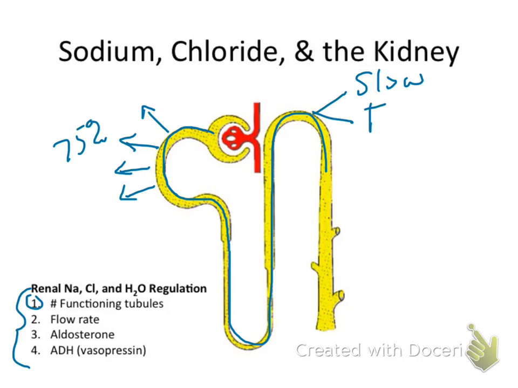If it's a fast flow rate, then there's not that much time for resorption, and sodium and chloride can end up in the urine. The two hormones aldosterone and ADH also regulate sodium, chloride, and water dynamics in the kidney, and those two hormones will be further discussed on the next slide.